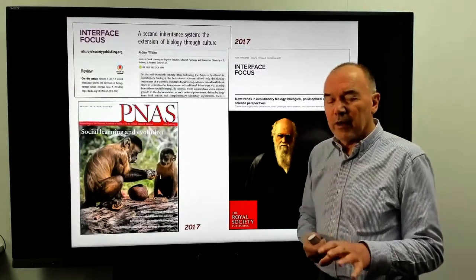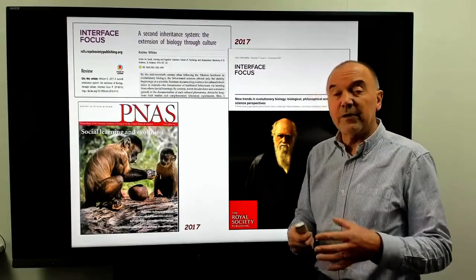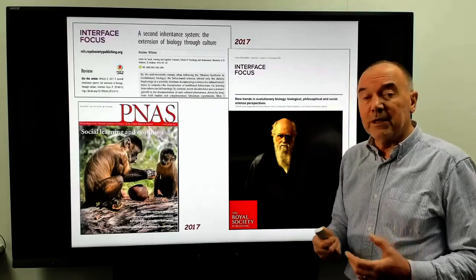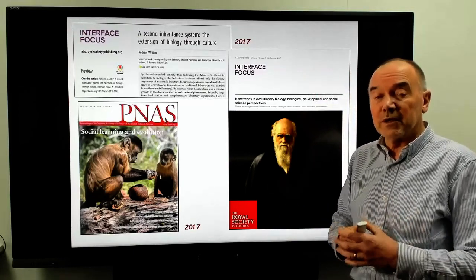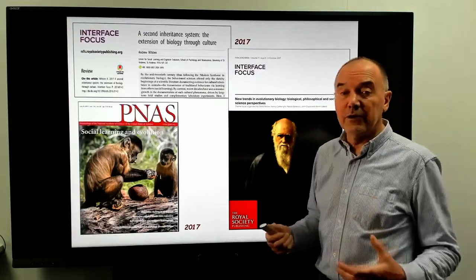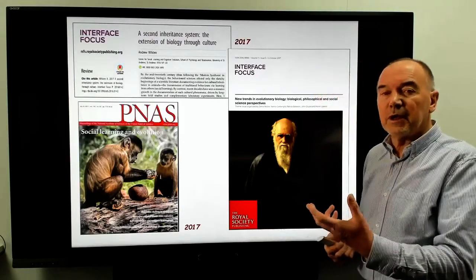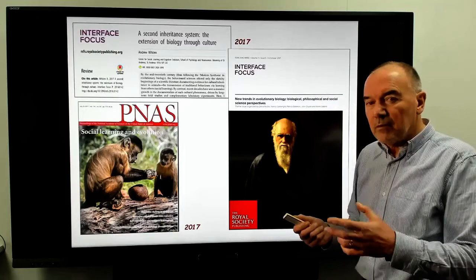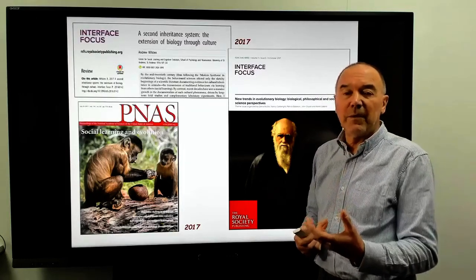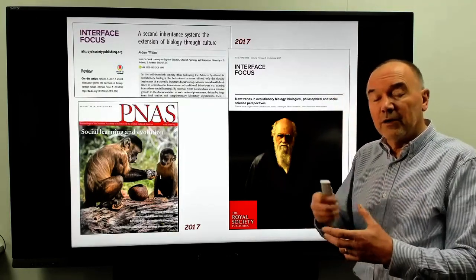So once you've got that second system of inheritance, there's the possibility for a second kind of evolution, cultural evolution, in which traditions vary in their adaptiveness, and therefore their likelihood of being passed on.